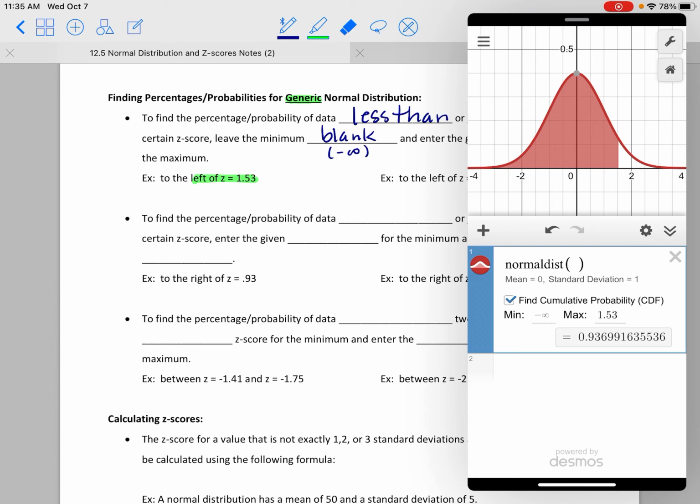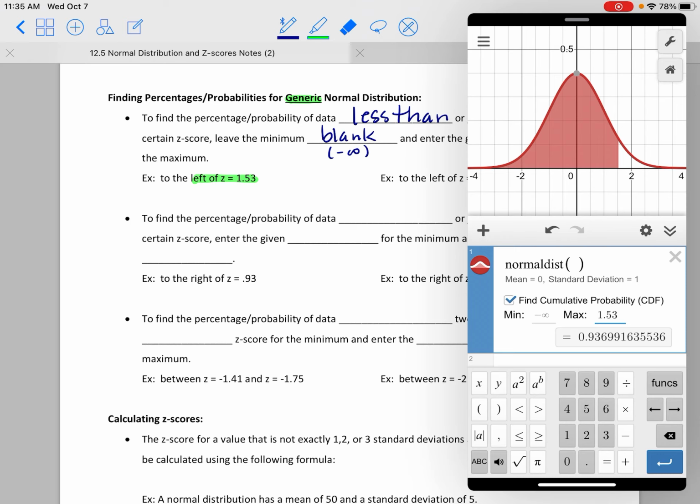Okay, now just so you can see this again, let's say I put my max at 0. If we were at the mean, we know that's 50% of the data. That's what that's telling us here. Or if I was at, let's say 1, a z-score of 1, we said that'd be 84% of the data left. Okay, if we know an exact z-score, we can use the empirical rule, or again, if you don't want to commit that to memory, you can put that in here.